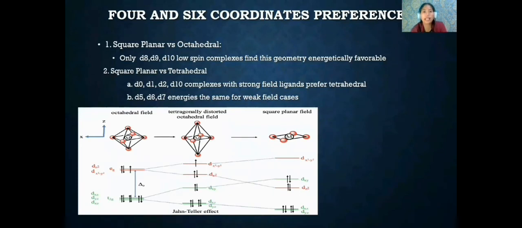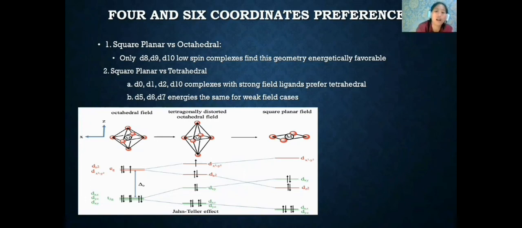So we have here four and six coordinate preferences. We have square planar versus octahedral. Only the d8, d9, and d10 low spin complexes find this geometry energetically favorable. And then square planar versus tetrahedral, we have there the d0, d1, d2, d10 complexes with the strong field ligands.